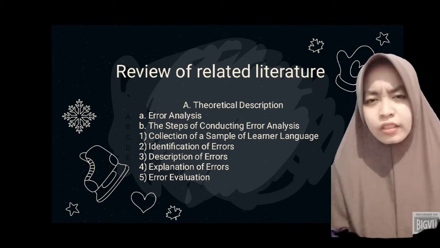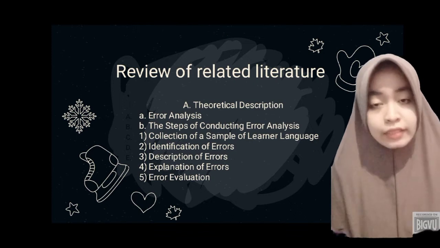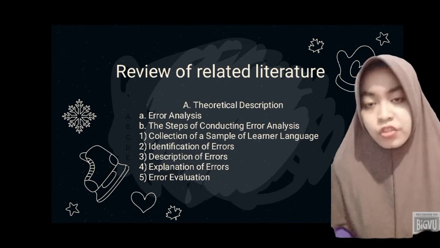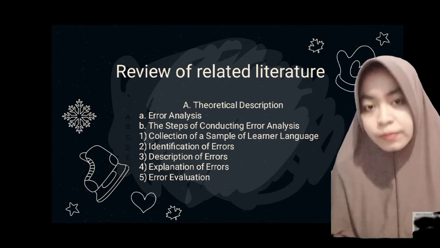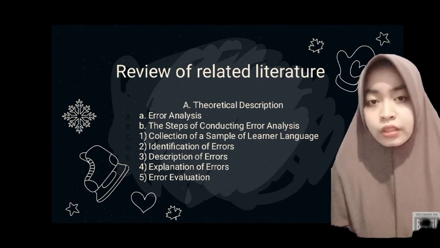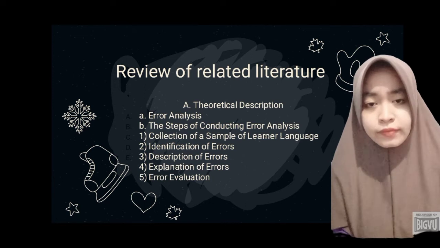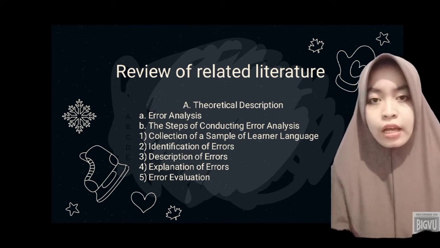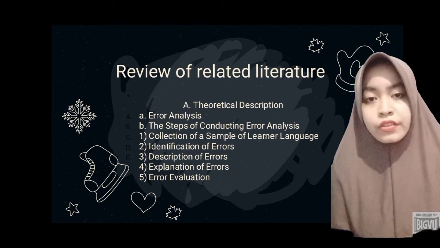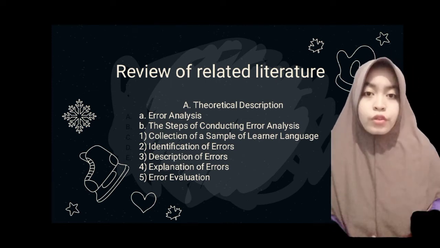The data is collected by the researcher by noticing some factors of producing it. The researchers should decide specific circumstances that will control the learners to produce the data. The second one is identification of errors after gathering the data. The researcher tries to identify the errors of the sample data.